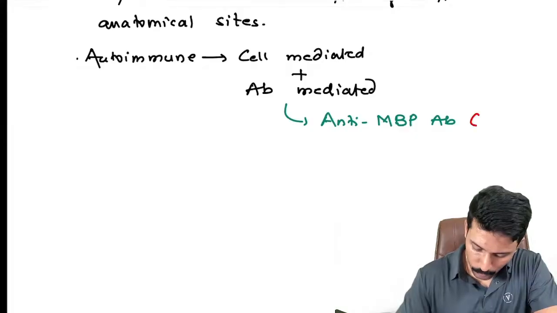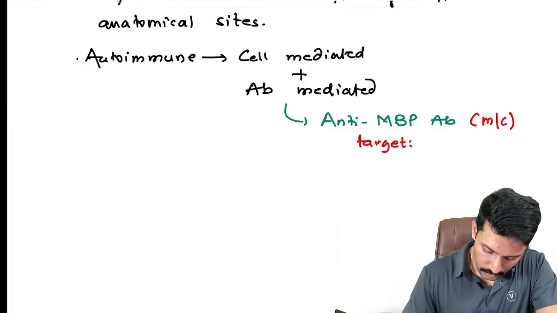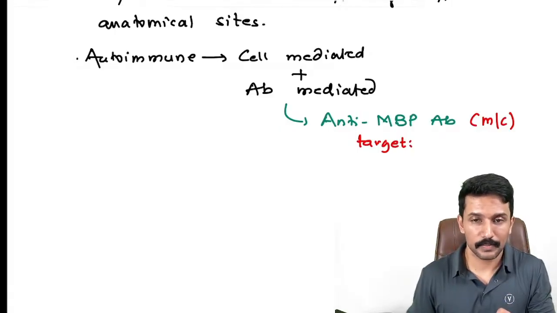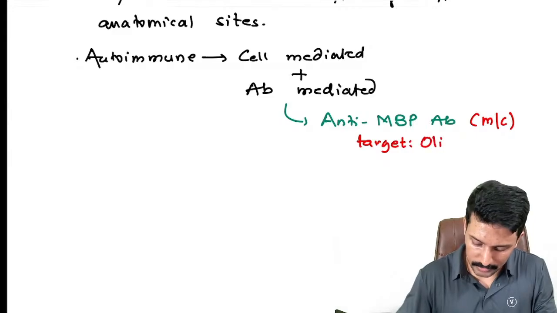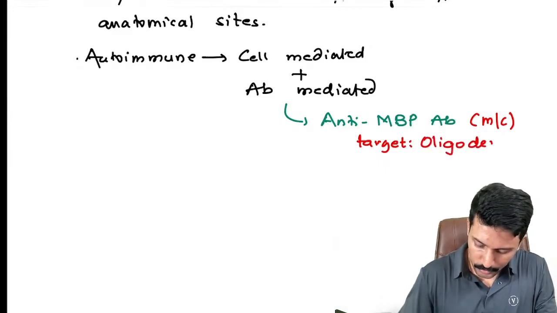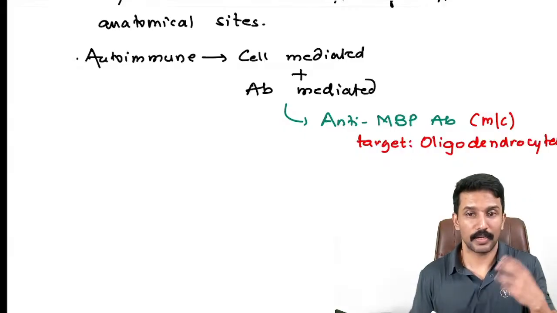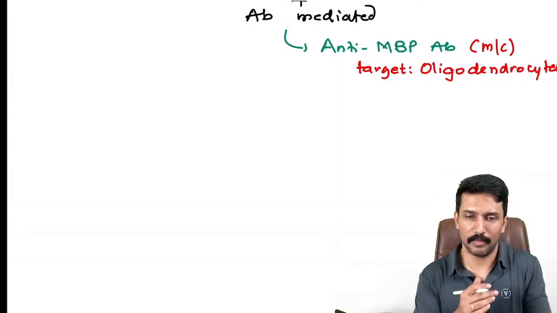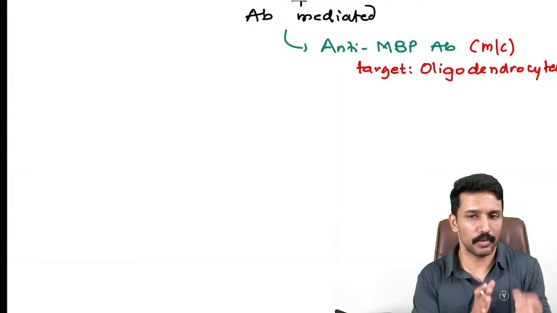This is the most common antibody, and which cells are responsible for the myelination? In the PNS, it is Schwann cells. In the CNS, it is oligodendrocytes. So oligodendrocytes are the targets for these antibodies, and that's why you are getting demyelination. There are some other antibodies like anti-myelin oligodendrocyte glycoprotein antibody and all, but the most common antibody is anti-myelin basic protein antibody.